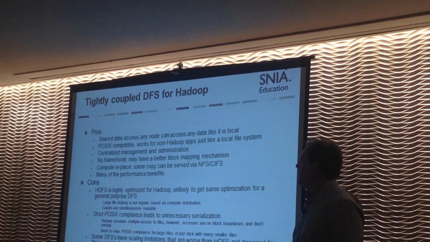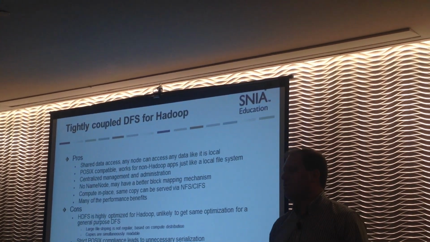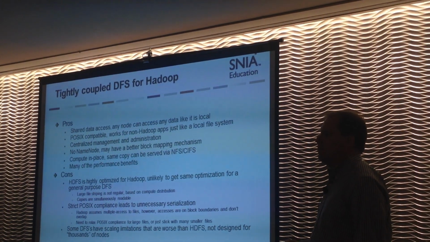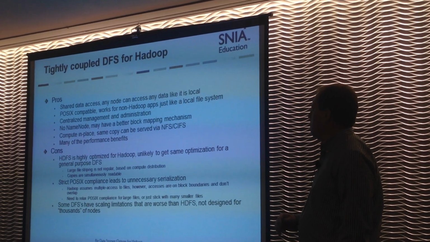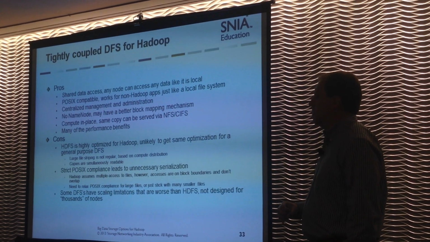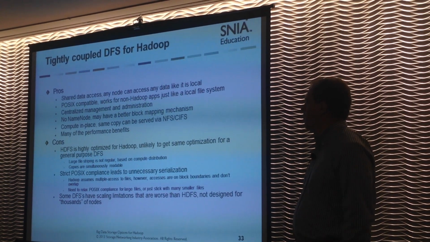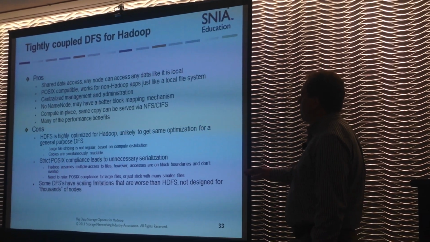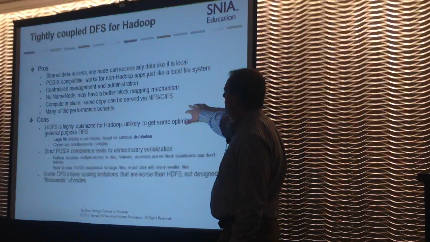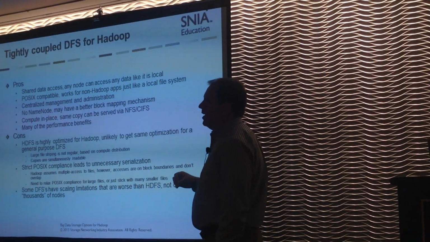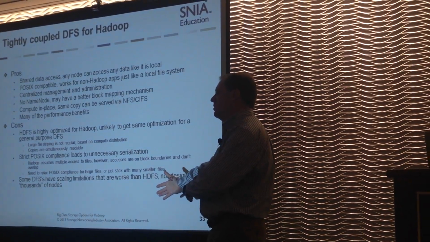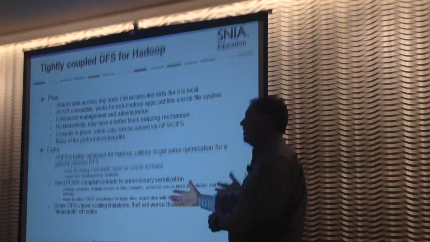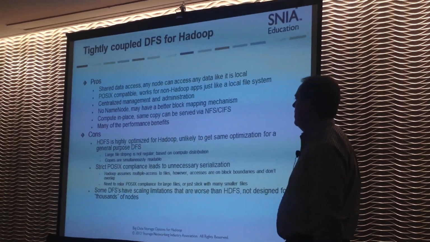The distributed file system is going to have its own version of name mapping, so you don't necessarily have to have the Hadoop name node, because the file system is doing that for you. It allows you to compute in place. For example, if I'm moving my data in through NFS and CIFS, I don't have to make another copy to get into Hadoop.